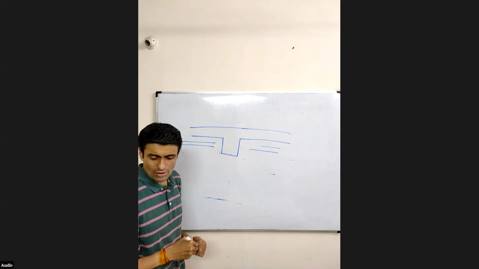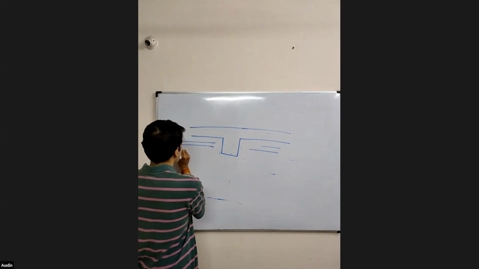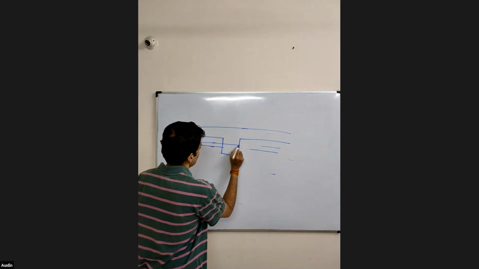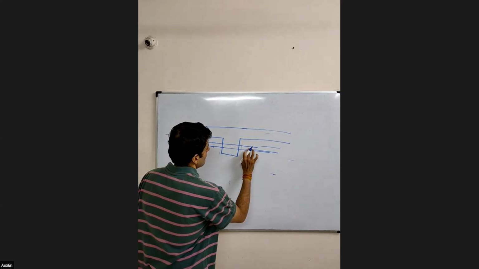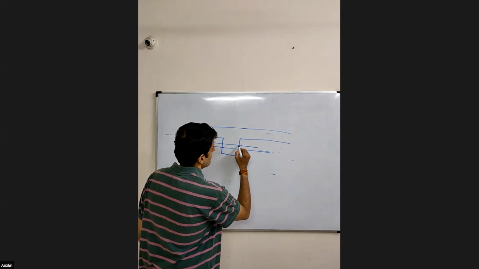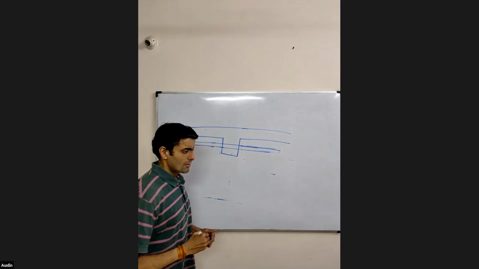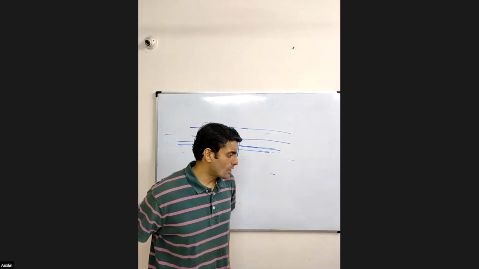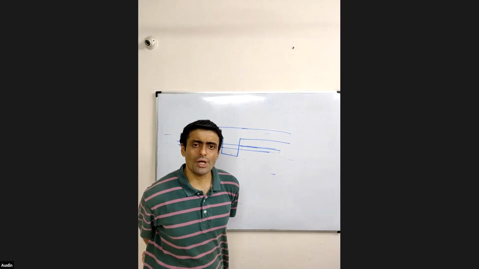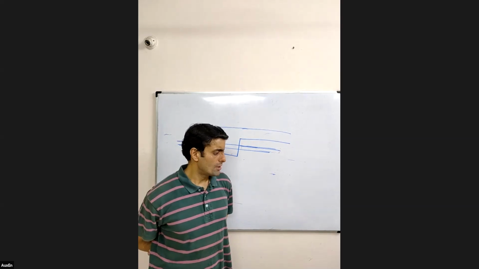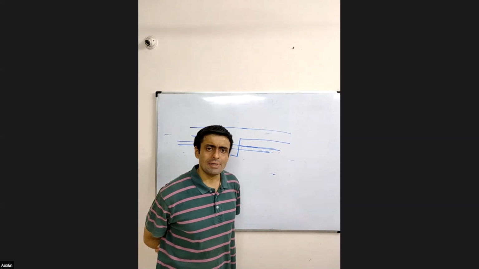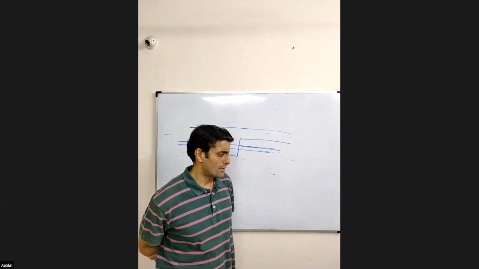If I had a service line like this, I will pass it right through my beam. Basically, I am going to cut a sleeve in my beam and pass my service lines through it.